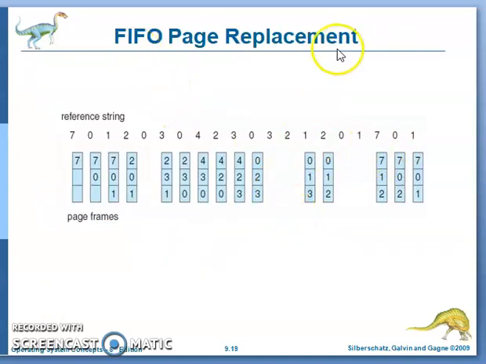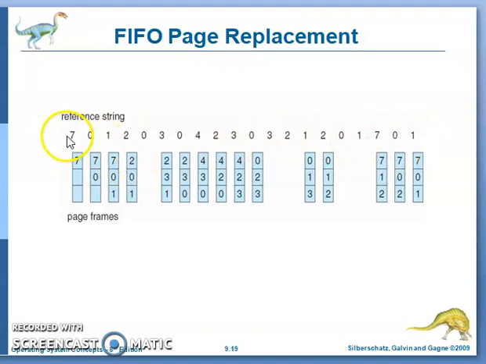Now take another example for the FIFO page replacement algorithm. This is the reference string according to our prescribed book: 7 0 1 2 0 3 0 4 2 3 0 3 2 1 2 0 1 7 0 1. What is the total length of this string? 3, 6, 9, 12, 15, 18, 19, 20.